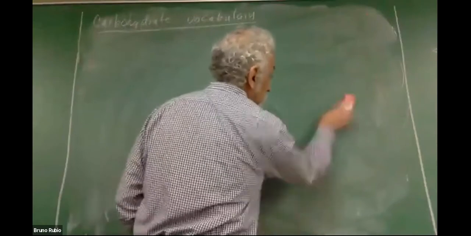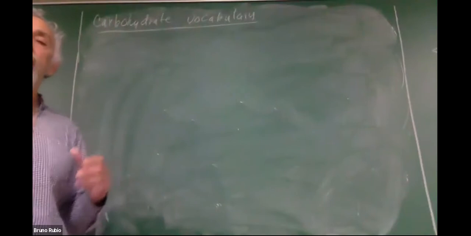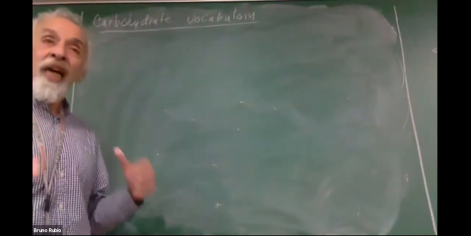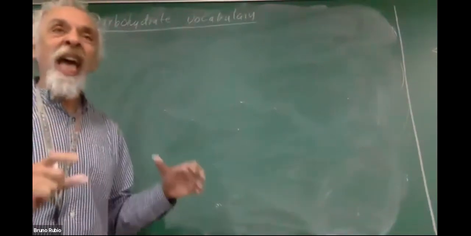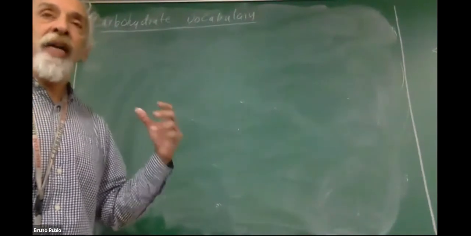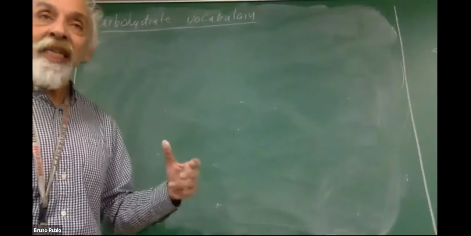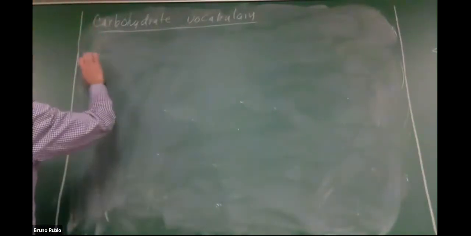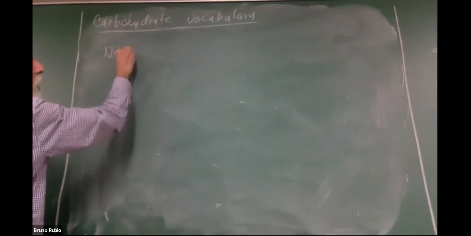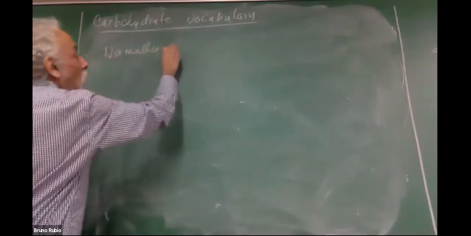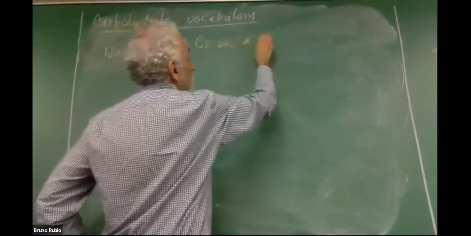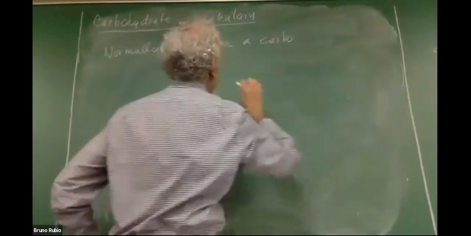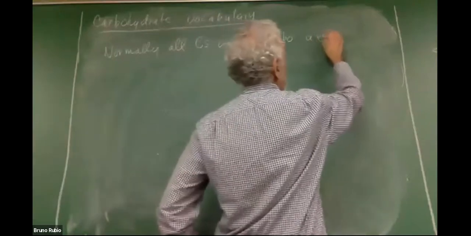Okay, normally, all of the carbons in a carbohydrate are oxygenated. All of the carbons in a carbohydrate are bonded to oxygen either by a double bond or by a single bond. So normally, all of the C's in a sugar, in a carbohydrate, are oxygenated.